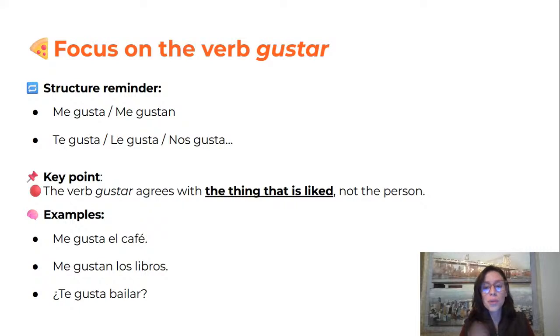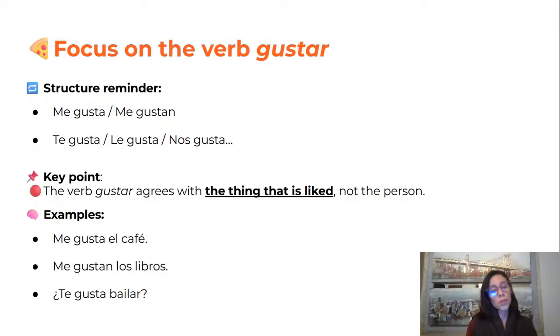And this is where the verb gustar gets darker for, for example, English speaking students, because this kind of agreement doesn't exist in English. It's something that you have to get used to when studying Spanish as a second language. Okay?